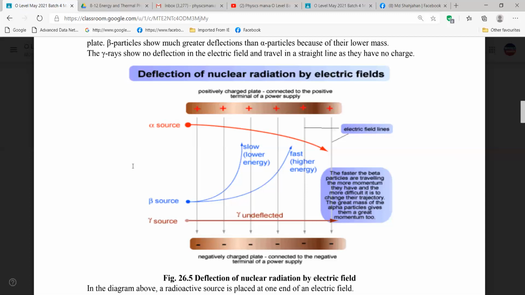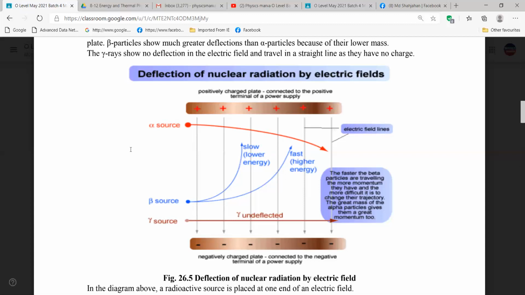The more mass something has, the more inertia it has. That means it is less likely to move from its place. That's why alpha is not showing that much deflection, but beta is lighter. That's why their deflection is more in comparison to alpha.